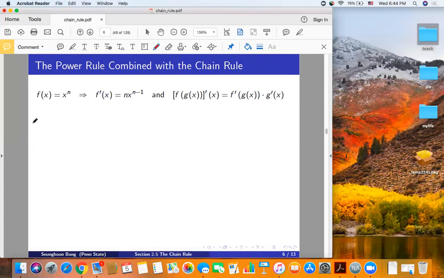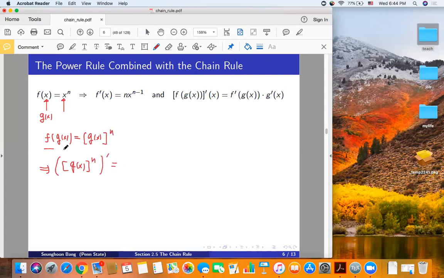So you plug g of x into x. F of g of x is the same as g of x to the power n. So my question is, what is g of x to the power n prime?